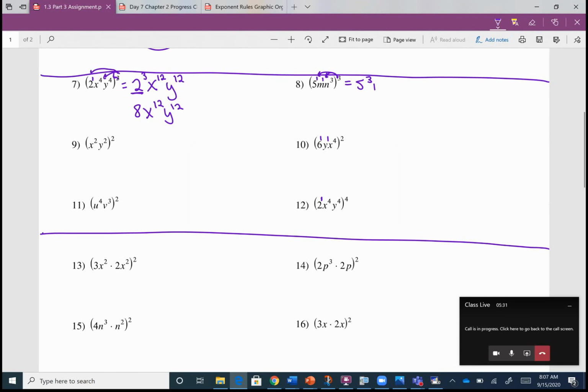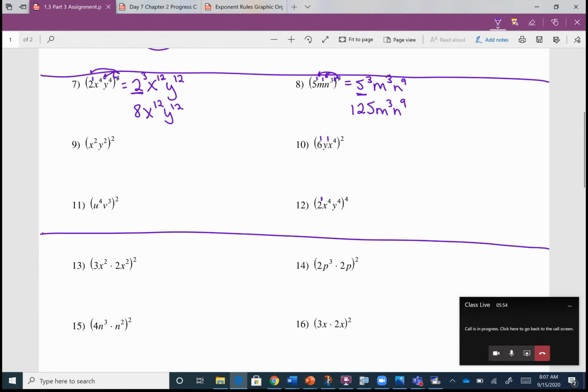So you're going to have an m to the 3rd, and then 3 times 3 gives us n to the 9th. 5 to the 3rd, if you put it in your calculator, remember, guys, it's not 15. It's 5 times 5 times 5. You get 125. m to the 3rd, n to the 9th.